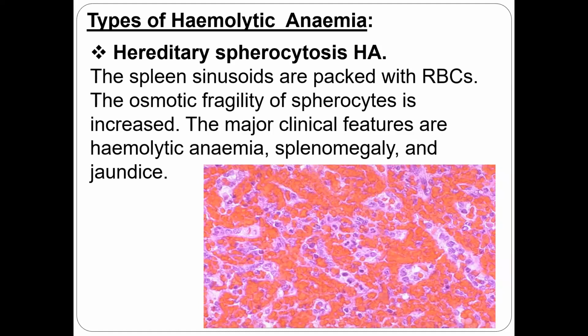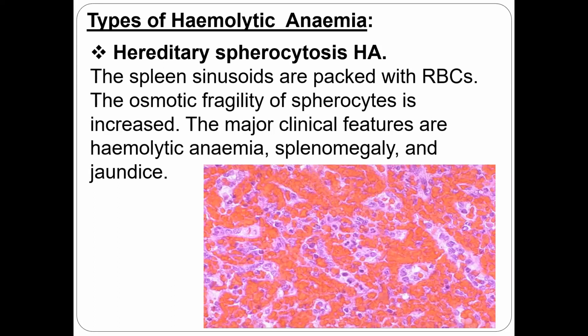If the intravascular hemolysis is high, one may end up with jaundice because there will be high production of bilirubin that the liver may struggle to conjugate. So you may see more indirect bilirubin being high, and therefore you diagnose them as jaundice. So we have hereditary spherocytosis hemolytic anemia.